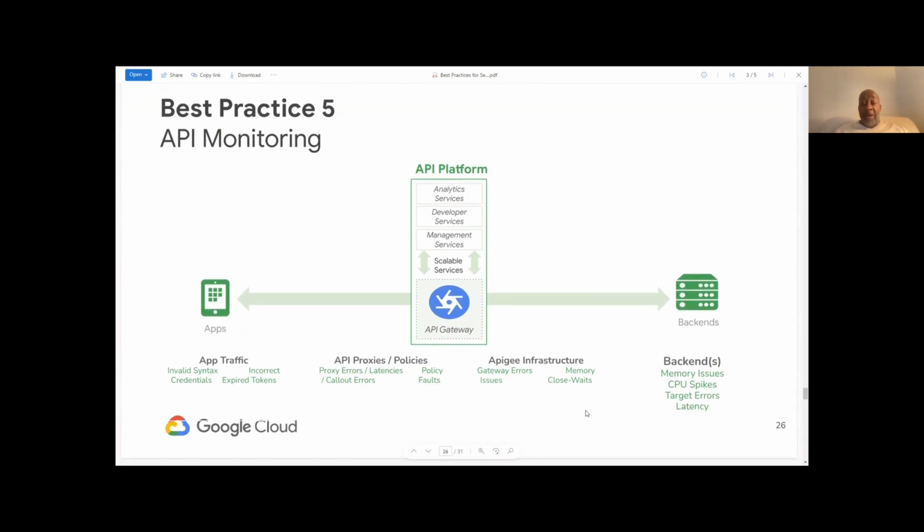Best practice 5. So when you think about what we talked about, the first thing was from an API management standpoint, you can use APIs to provide that layer between your end customers or the systems you're integrating with and your backend systems, so that you can evolve them.